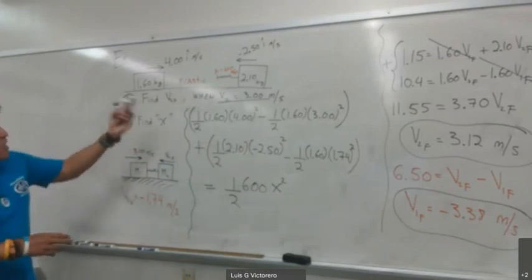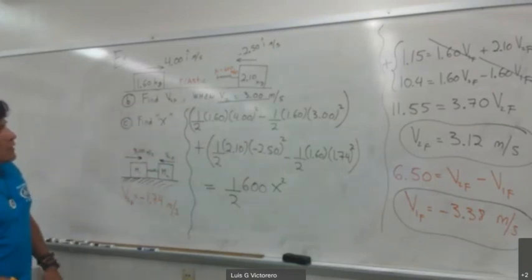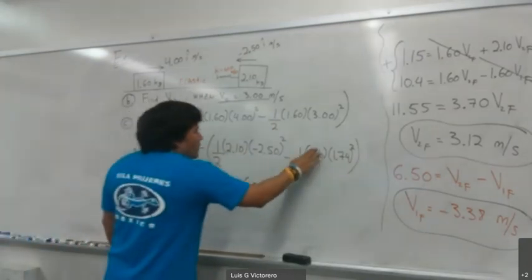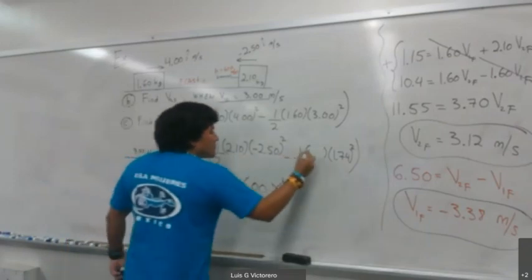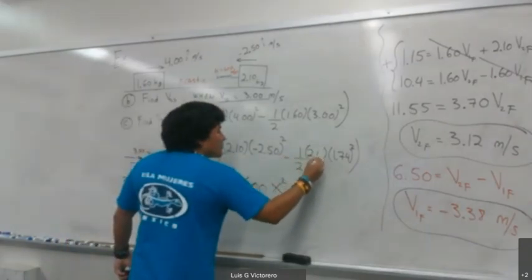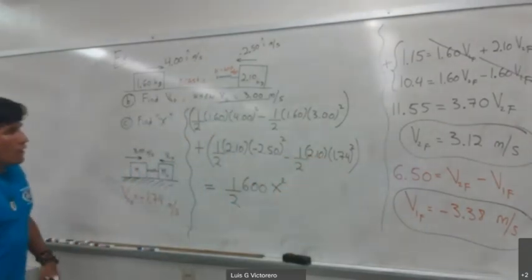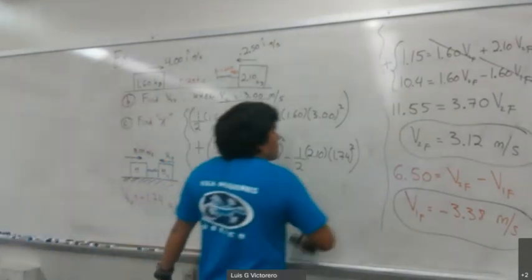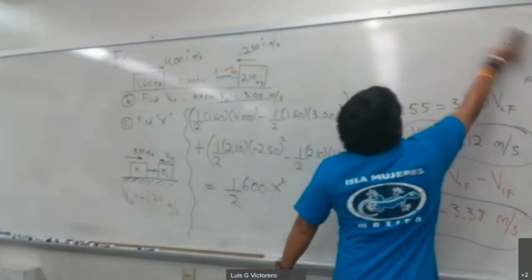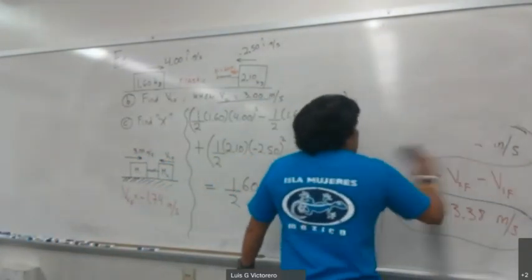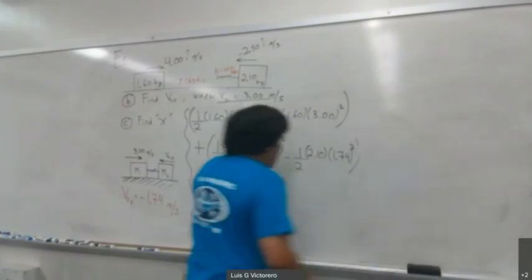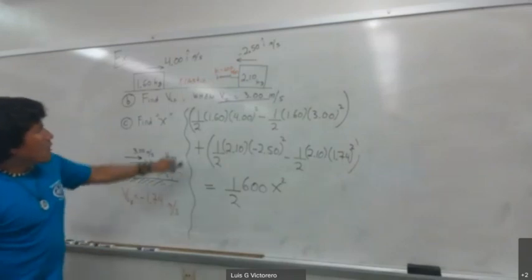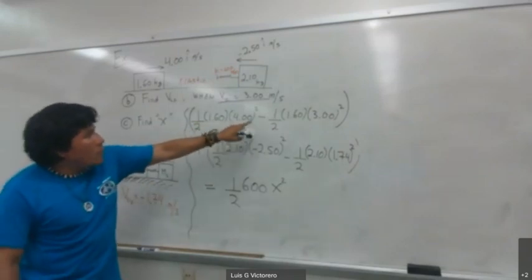Well, there are many factors in common. Wait, what did I do? It's 2.0, right? Well, let's see what we get. One half, 1.6, 4 squared, one half.